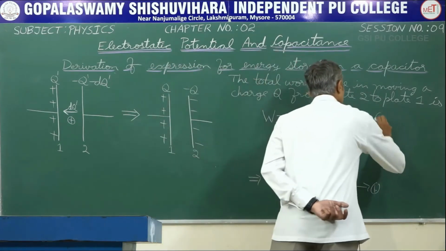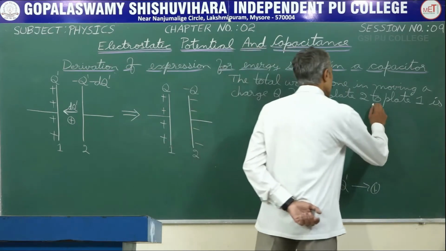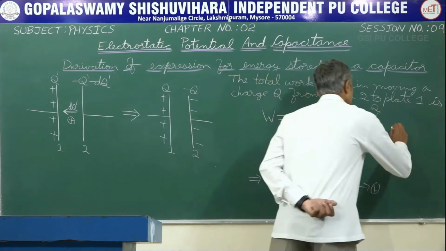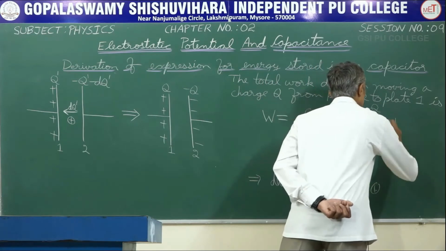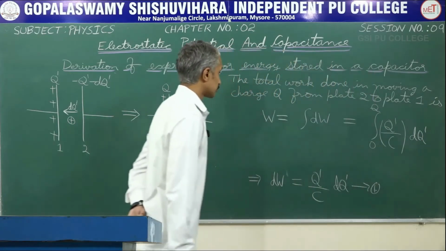We are going to charge the plate 1 from 0 to Q, Q dash by C dQ dash.